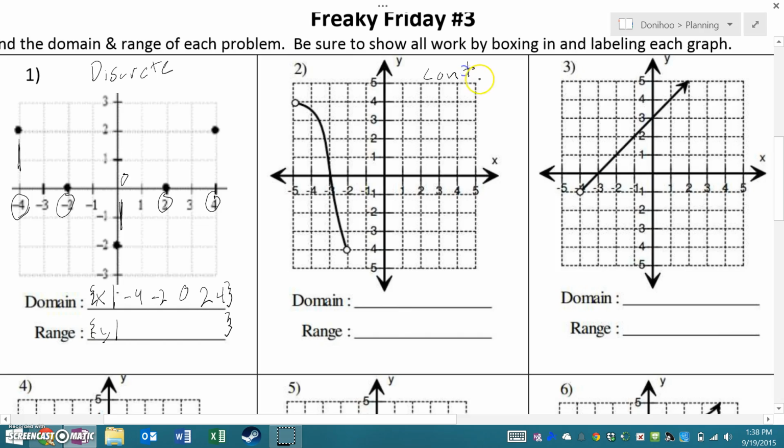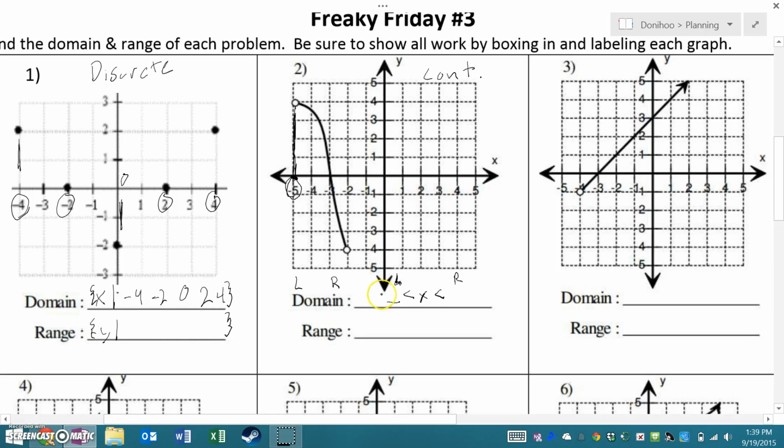So this would be an example of a continuous graph. It's connected from beginning to end. I could draw this graph without lifting my pen up. Alright, so for domain, again, left to right. So on the left side of this graph, at this point, I can see I have a -5. So whenever I'm writing my inequalities, and again, these are always going to be facing the same direction, I'm going to start from left to right.